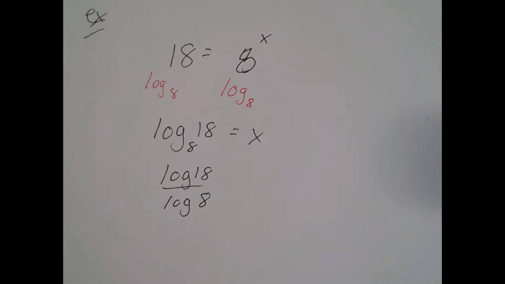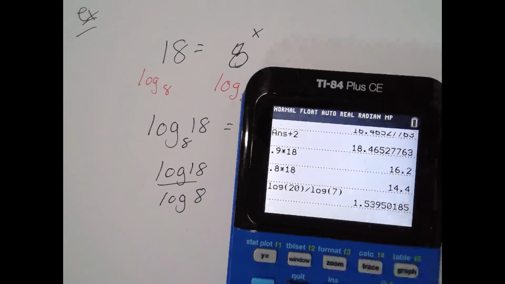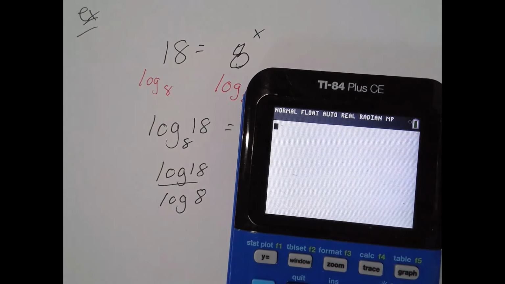So just go to math down to letter A, and then you just have a log base option there. So log of 18 divided by log of 8. So 1.34.